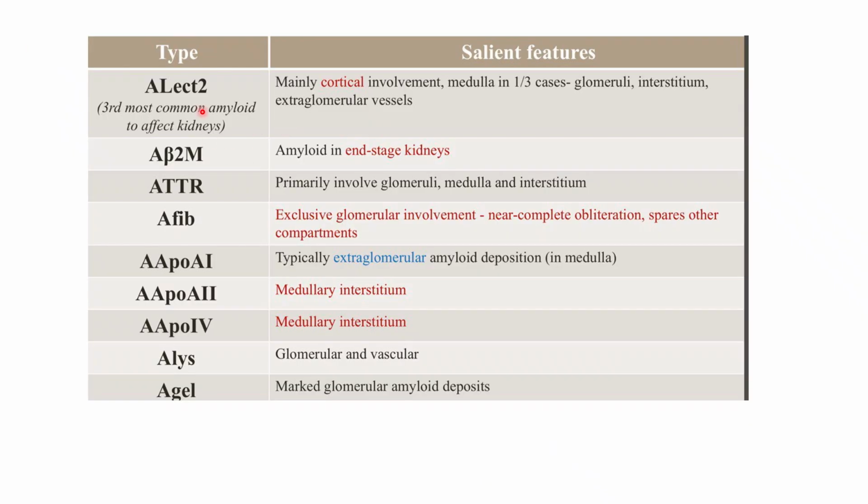There are different types of amyloid which can be seen in the kidney in different conditions and different compartments. Like in the end stage kidney, we see A beta 2M. A lambda is the third most common amyloid to affect the kidney and is majorly cortical amyloid. Now these are the different types of amyloid seen in the kidney.